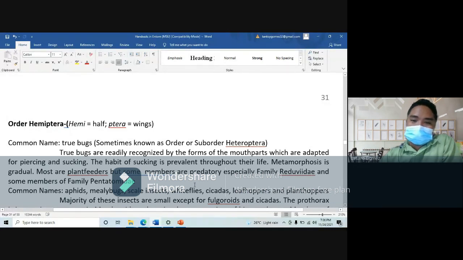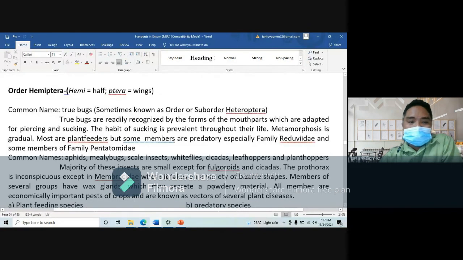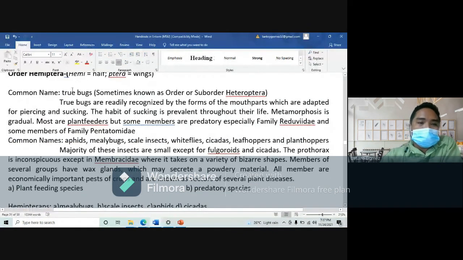The habit of sucking is prevalent throughout their life. Metamorphosis is gradual. Most are plant feeders, but some members are predatory, especially family Reduviidae and some members of family Pentatomidae. Other common hemipterans are the aphids, mealybugs, scale insects, whiteflies, cicadas, hoppers, and planthoppers.